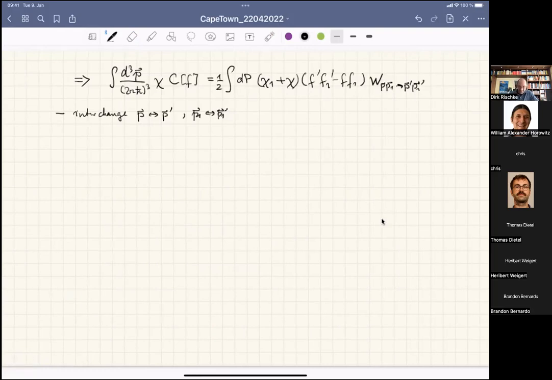All right. So if I do this interchange now, something interesting happens. Under this interchange, this product here becomes this. The microscopic reversibility doesn't do anything to the W, that is the same.